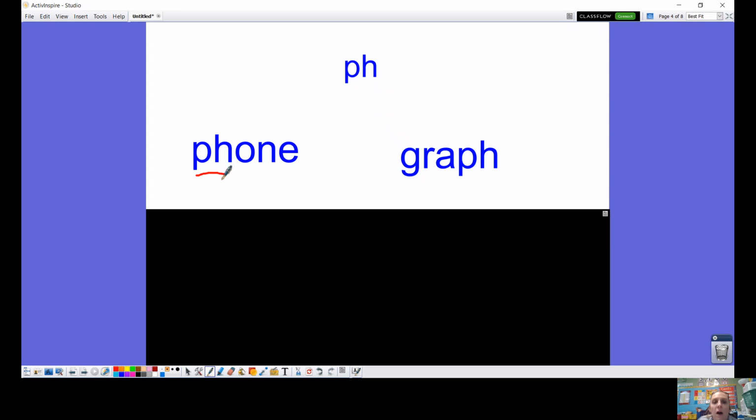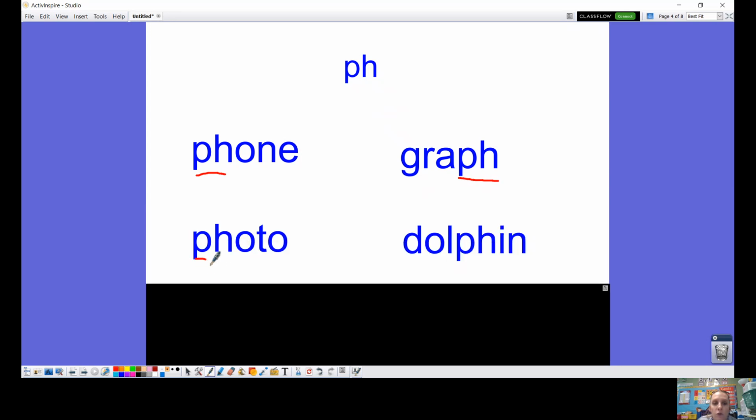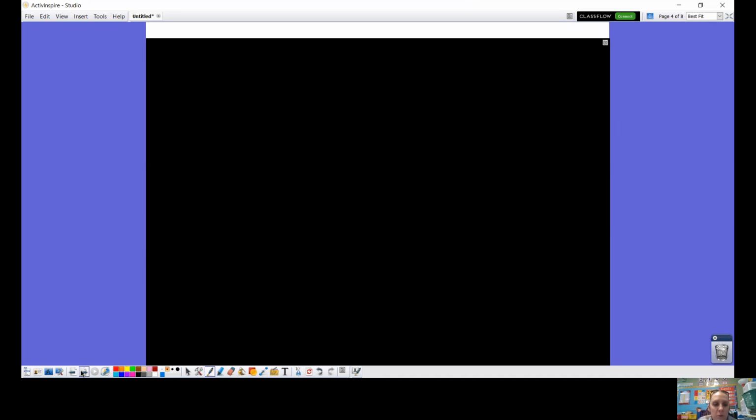Phone, wrath, photo, dolphin. Now notice the PH can come at the beginning, the end, or the middle of a word, but in each case it always says f. Okay.